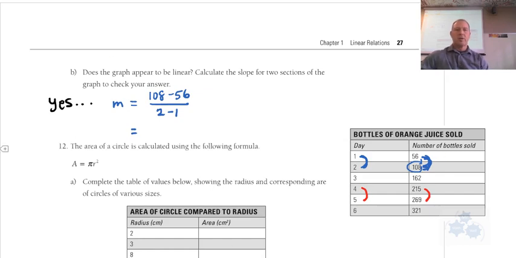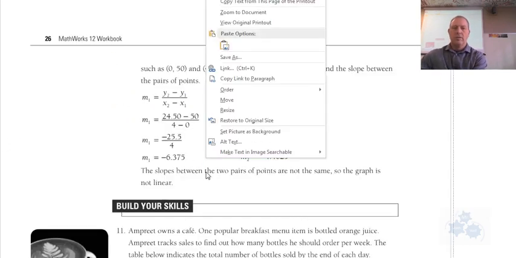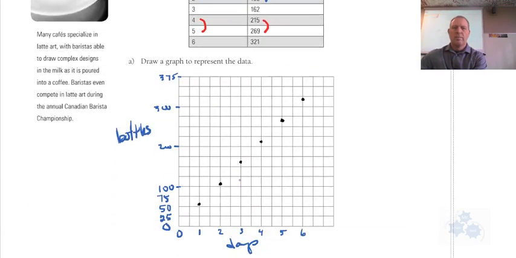So does that match with the graph? Well, 108 is about here minus 56. See? Difference in y values. That's the height difference between those 2 points. 108 minus 56, and then the run is the difference between 2 minus 1. See that? So I'm calculating the slope of this line here.